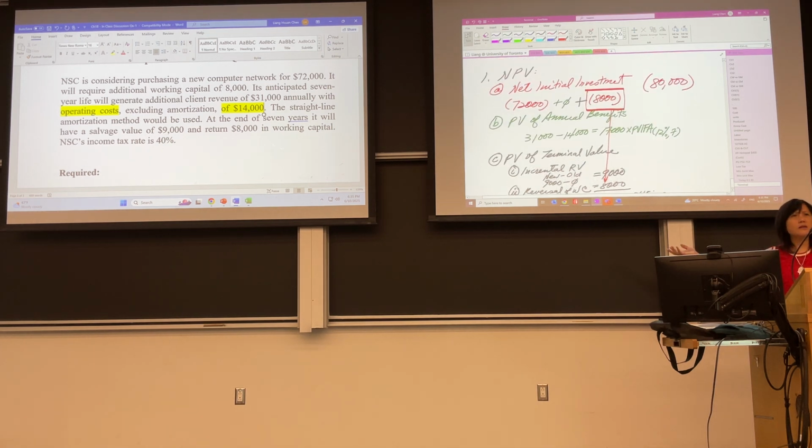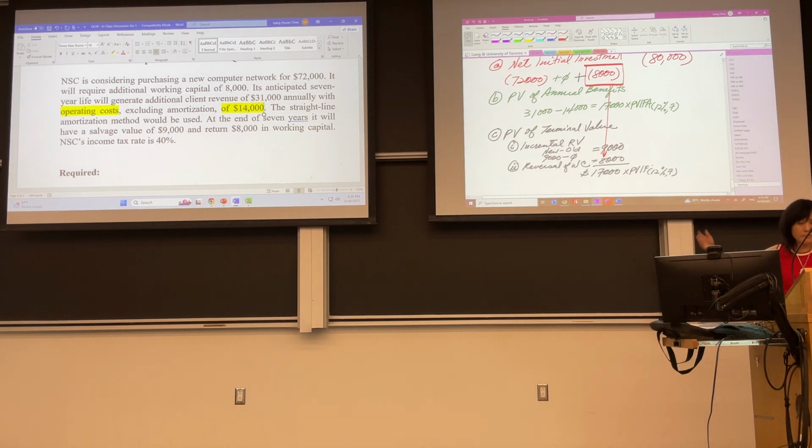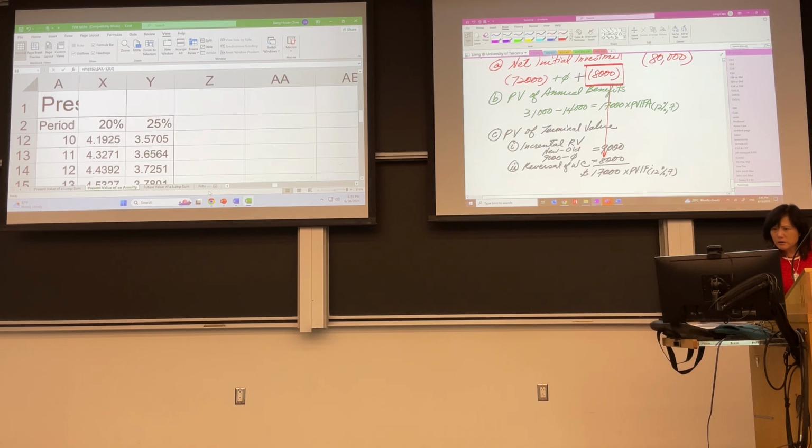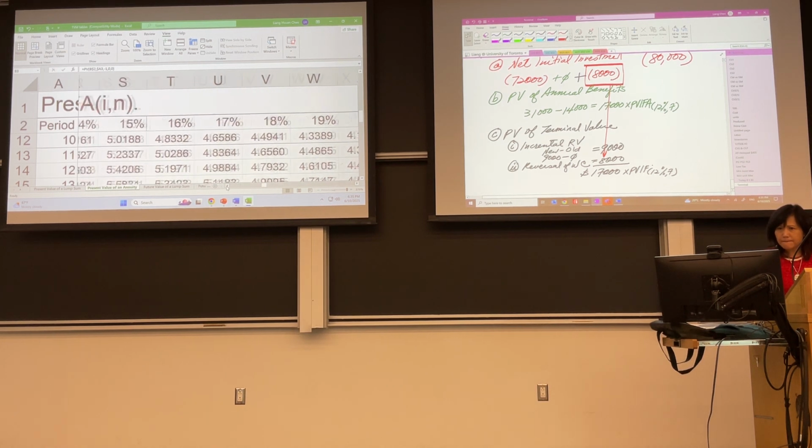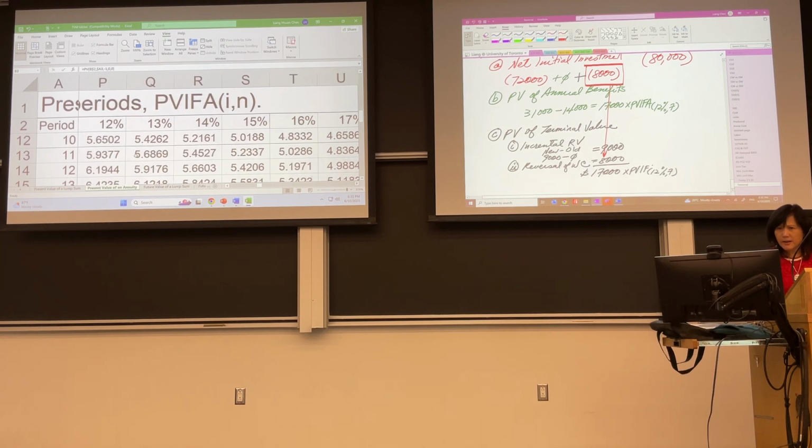Net present value, how many times we did? Many times, right? So 1 to 3, you calculate the difference. Terminal value, there are only 2 components. Okay, so I'm going to go back here to figure it out. So this is 12%. Okay, how many years? 7 years. Perfect.